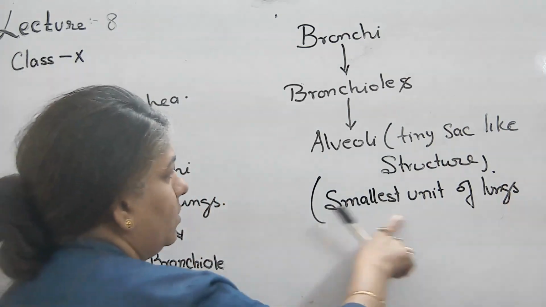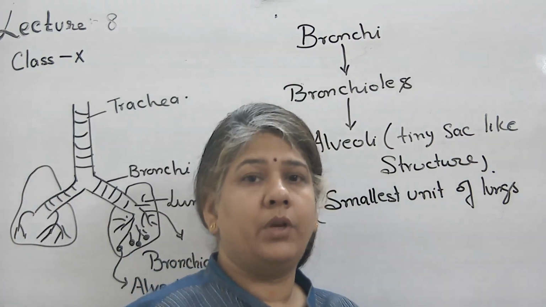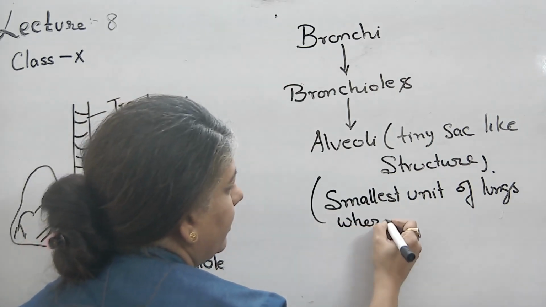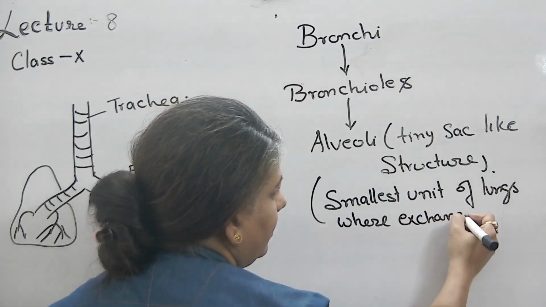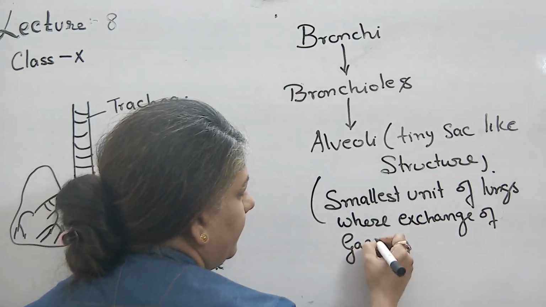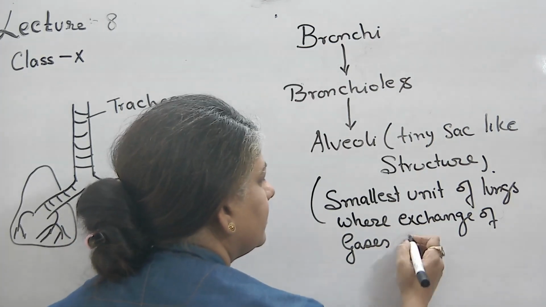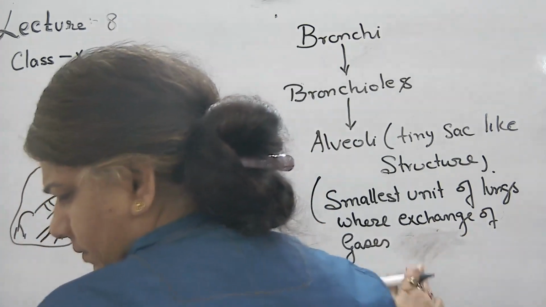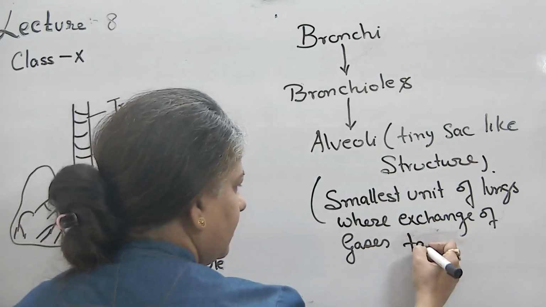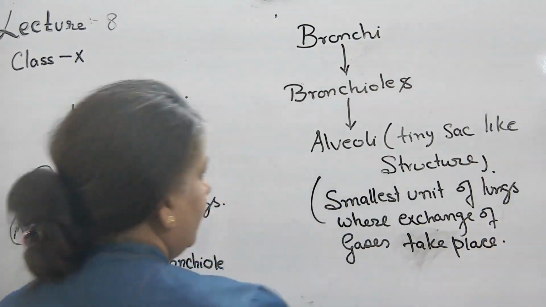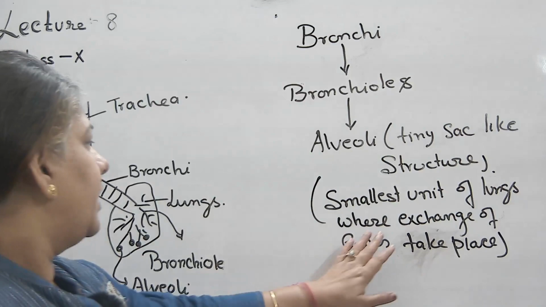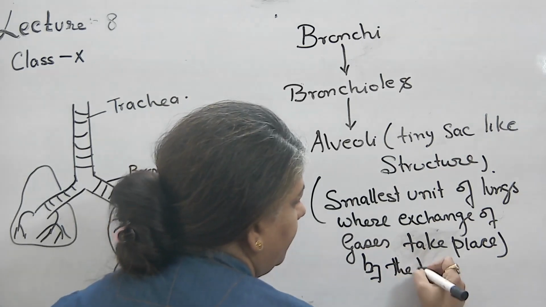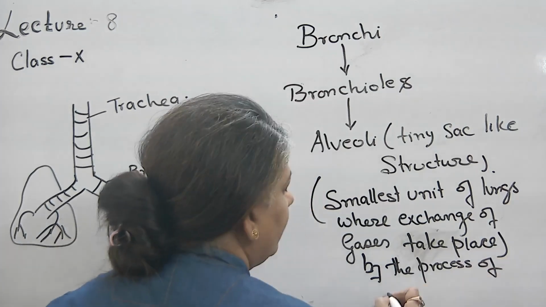This question has also been asked: which is the smallest unit of lungs? It is the smallest unit of lungs where exchange of gases takes place by the process of diffusion.